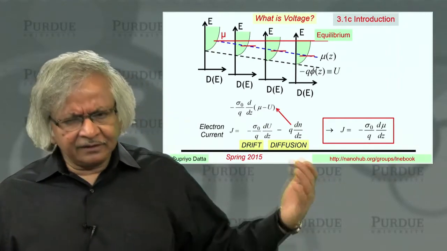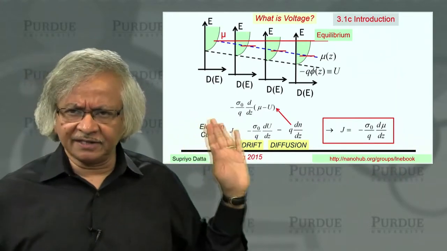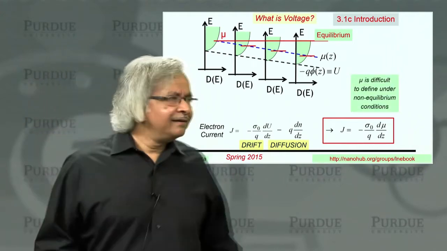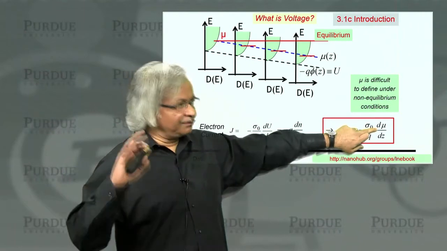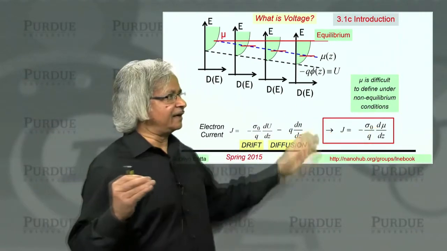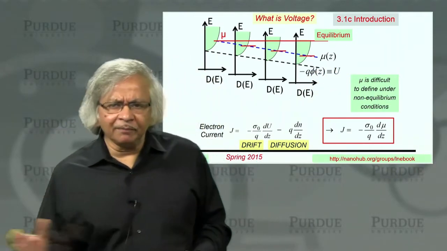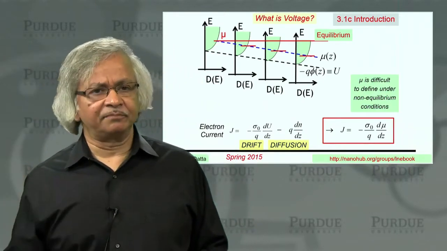Now you say, well, is there any controversy about this? Not at all. I think all experts would agree. That's the correct answer. And yet, often people kind of avoid talking about mu. Again, for the reason I mentioned before, that it's a difficult concept, and especially under non-equilibrium conditions. That is, at equilibrium, it's easy. You have the same mu everywhere. It's kind of like temperature.